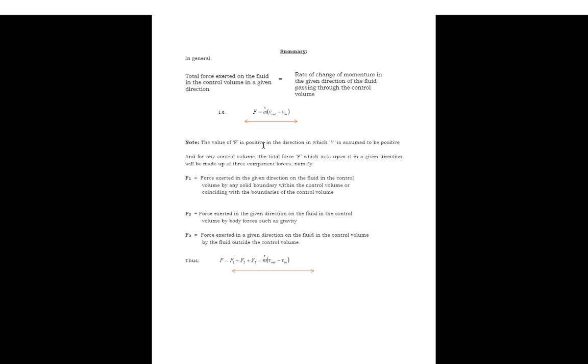There will be an external force. There will be a force as a result of the weight of the fluid, which is a gravitational force. And also there will be a force as a result of flow within the pipe.